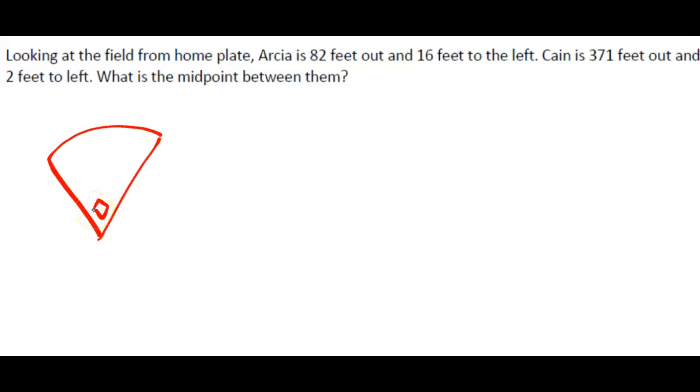Okay, and Arcia is 82 feet out and 16 feet to the left. Kane, so here if I make a straight line, so Arcia is standing right here. He's 82 feet out and 16 to the left. Kane is 371 feet out and 2 feet to the left.